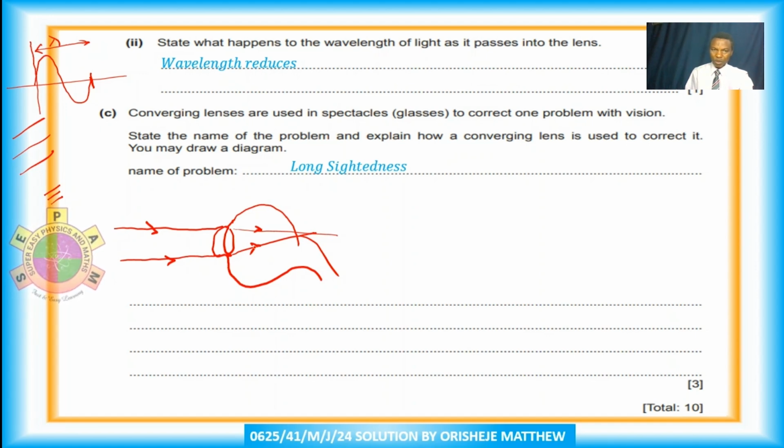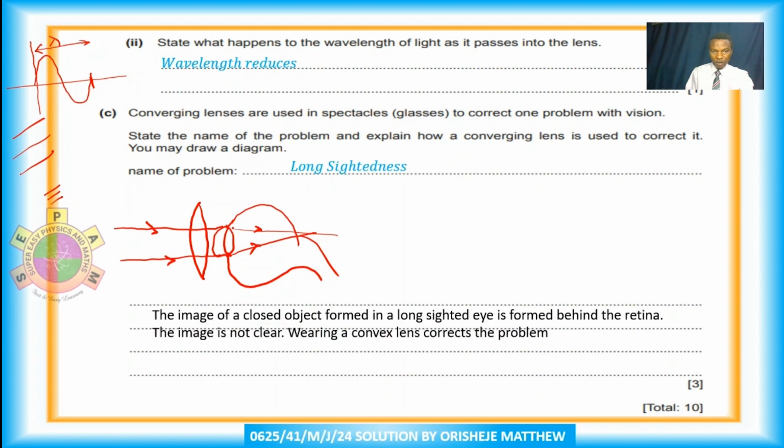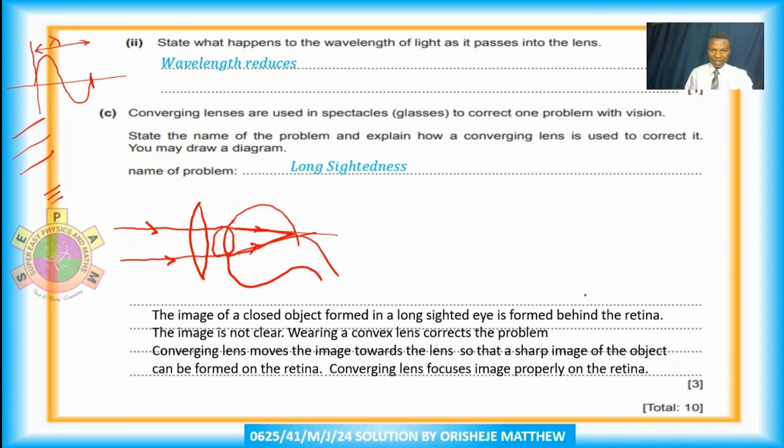To correct this, you wear a converging lens, and this glass is going to make the image come forward and be focused on the retina to form a sharp image. So that is the correction.